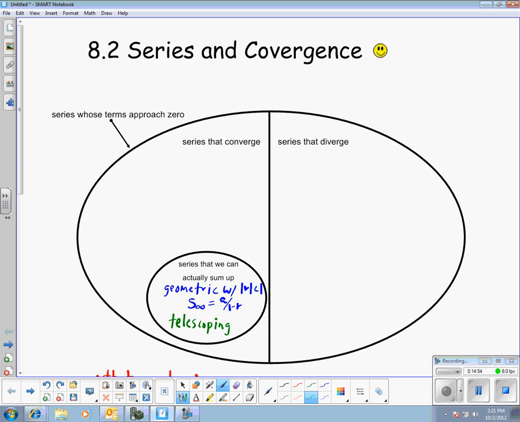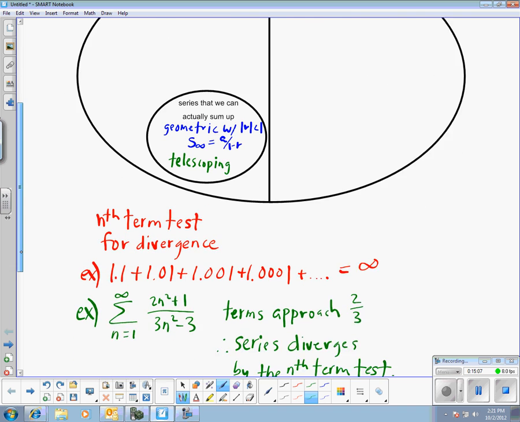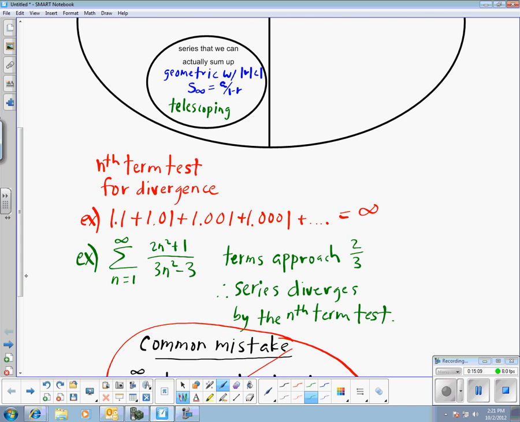So for this section, the most important rule is the nth term test. If your terms do not approach zero, like this down here, the one in red and the one in green, you can immediately stop and say divergent, nth term test.